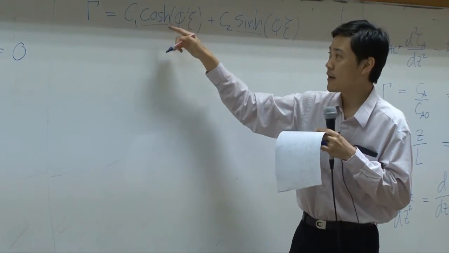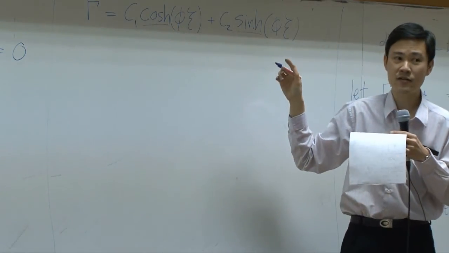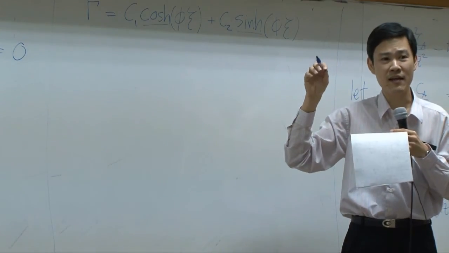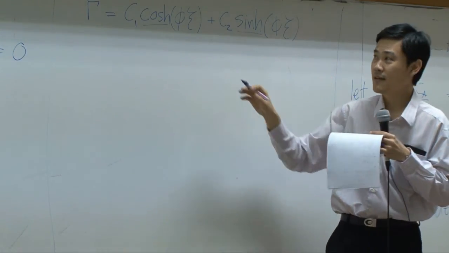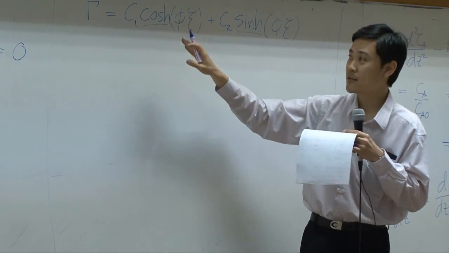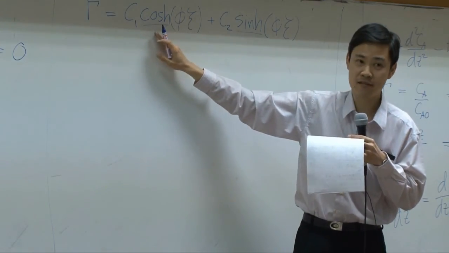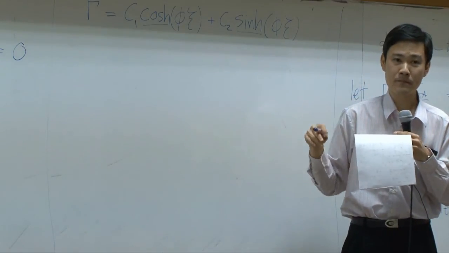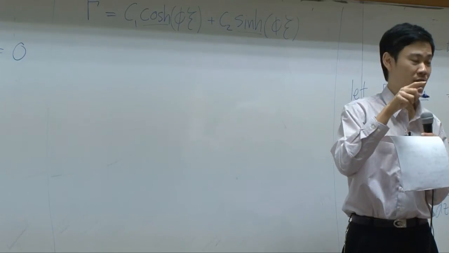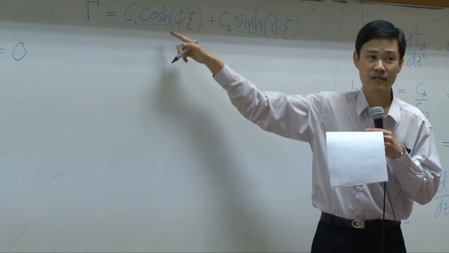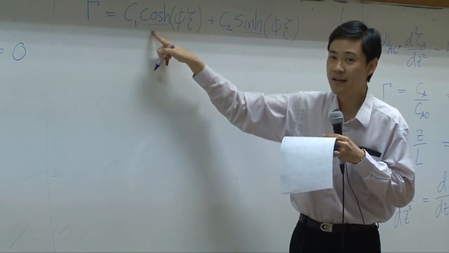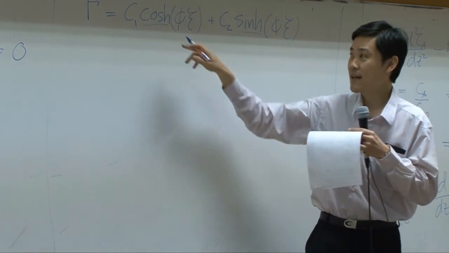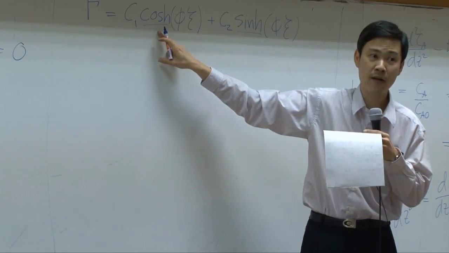You can write hyperbolic cosine and hyperbolic sine as a function of exponentials, e to the power of something. I'm not sure. But it can be treated as if it is cosine, but it's not a sinusoidal function. If you bring your calculator, this sinh appears in your calculator as well. You just think that this is just another function.